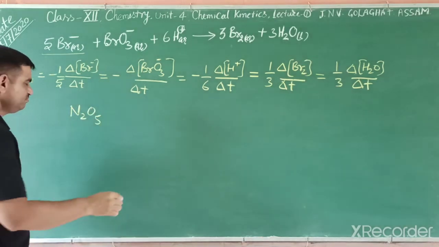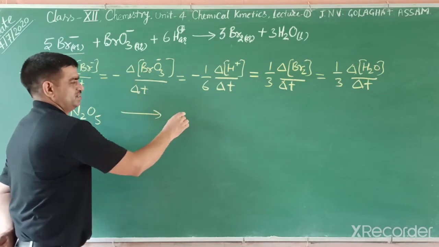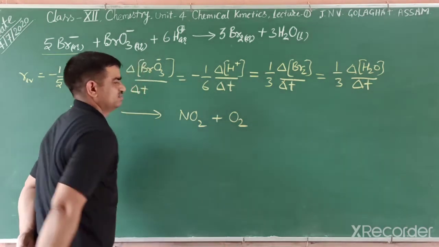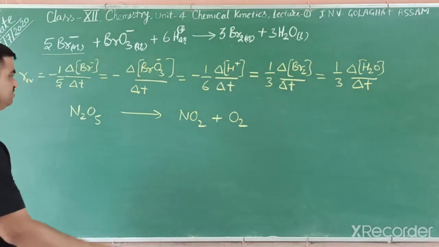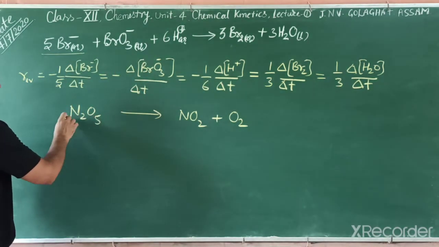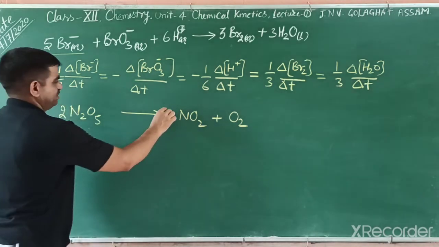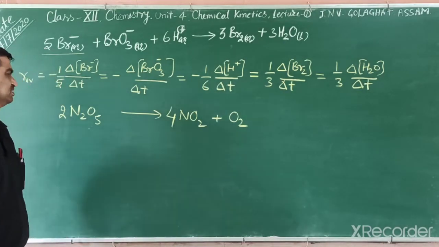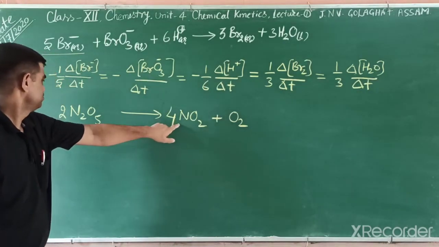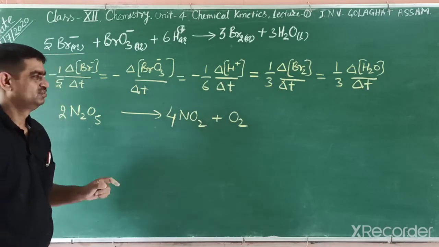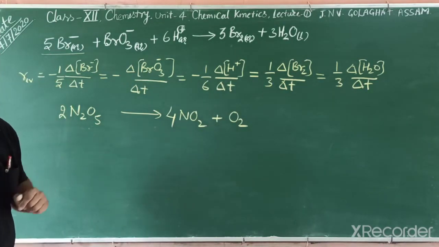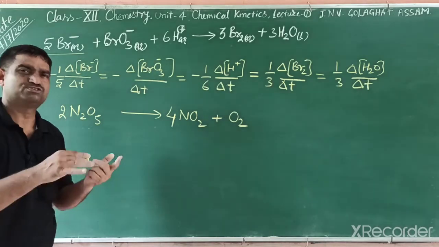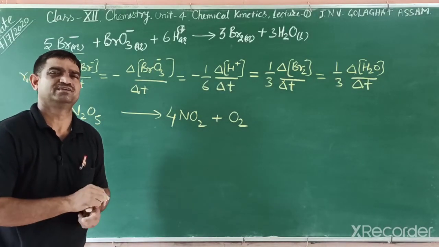You know, when it dissociates, it converts into nitrogen dioxide plus oxygen. When we balance this reaction, we need 2 nitrogen pentaoxide giving 4 NO2 and oxygen. In this way the reaction is balanced, 4 nitrogen and 10 oxygen. So, the decomposition of nitrogen pentaoxide is given in your NCERT book as a numerical. See that numerical carefully.